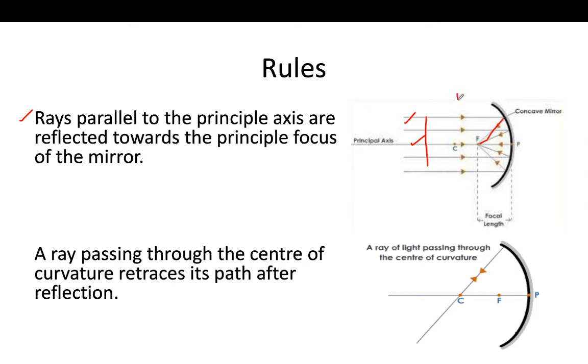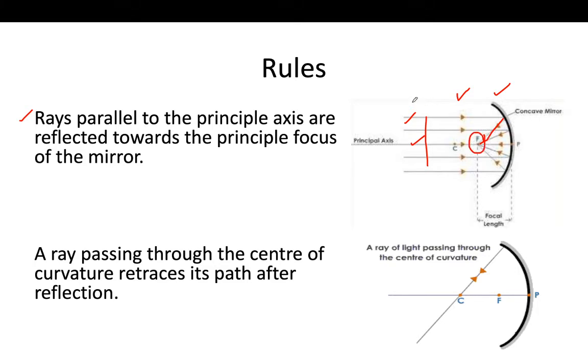One practical example of this type, which is not a mirror but is similar to it: if you see dish antennas or dish receivers, those antennas are of this type. Here you can see there is a signal box.